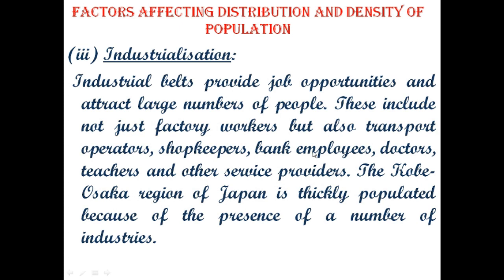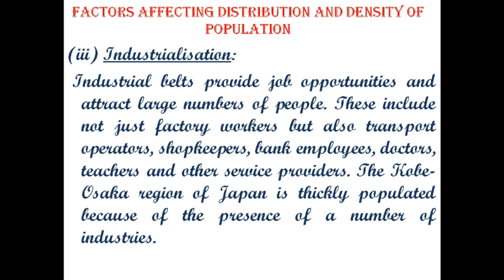So when people get so many facilities in an area, and they are getting better job opportunities, they would like to move to industrial belts. The Kobe Osaka region of Japan. This area is densely populated because many industries are there in this area.